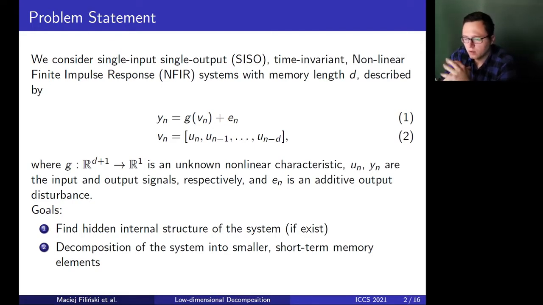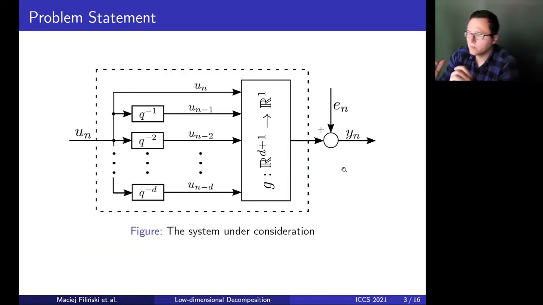Our goal is to find the hidden internal structure of the system, of course, if it exists. And the second goal is the decomposition of the system into smaller, short-term memory elements. In the first figure, we can see the system under consideration, a block-oriented representation of the system.